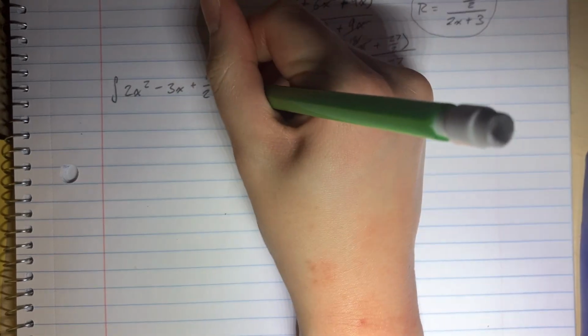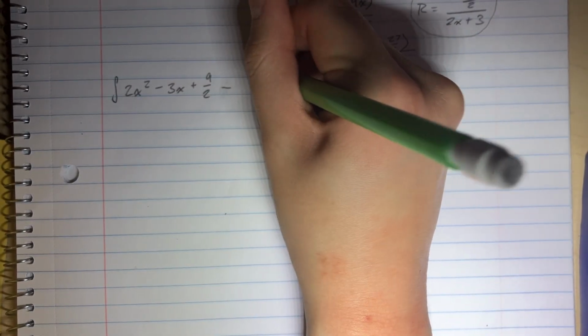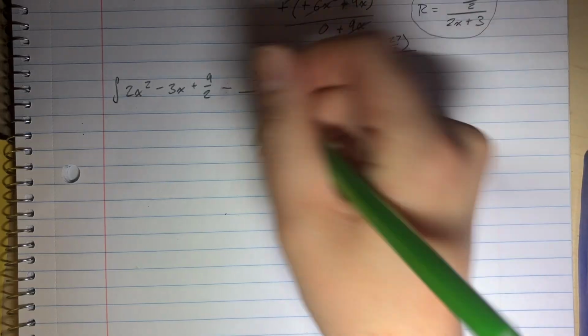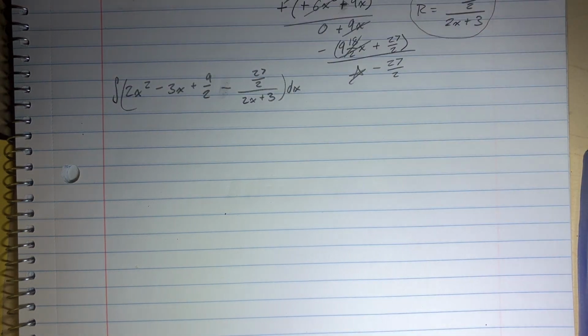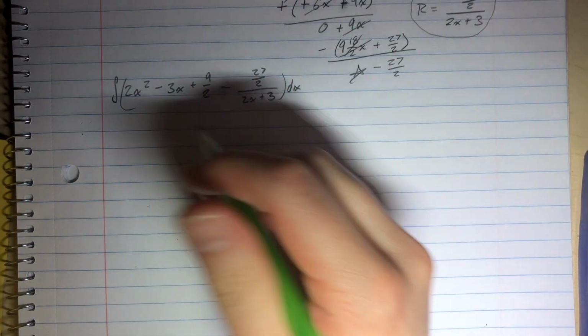Sorry about that. Minus 27 divided by 2, all divided by 2x plus 3 dx. So let's just do normal anti-deriving.